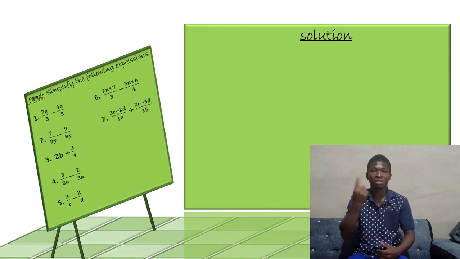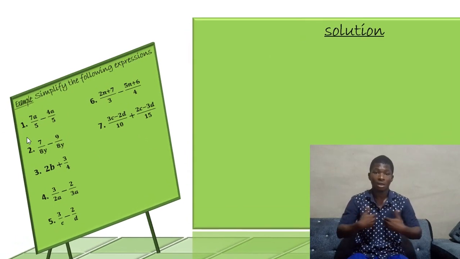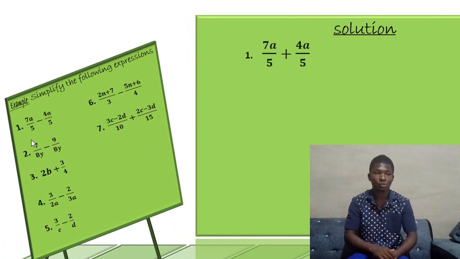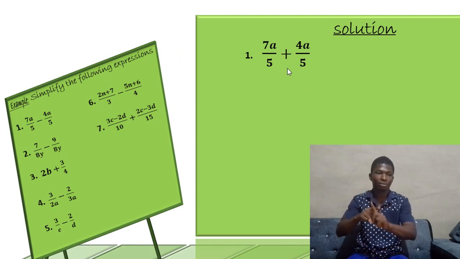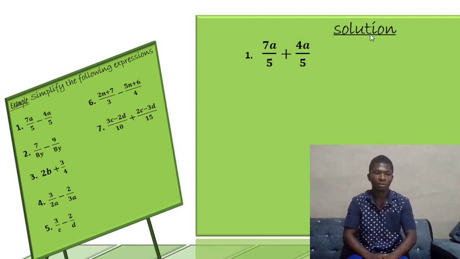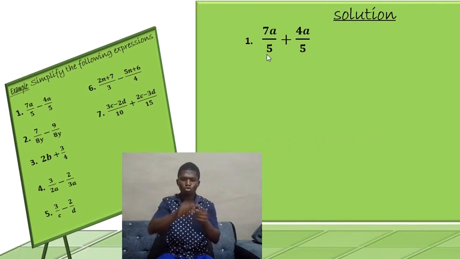The first example I have here on this left green board is 7a over 5 plus 4a over 5. I will first need to look for the LCM of my denominators.